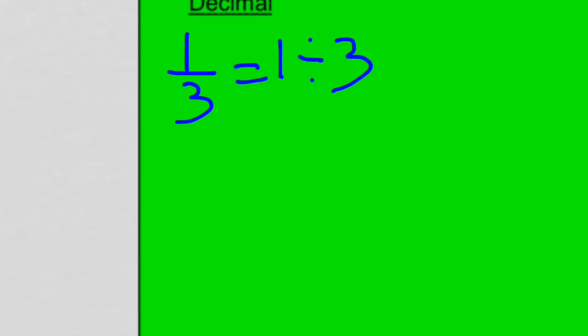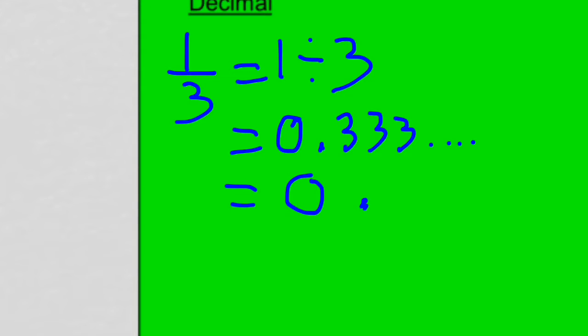And when we do that, we get 0.3 repeating, which you typically write like that, or you can write in bar notation where you take the repeating digit and you put a bar on top of it indicating that that digit is repeating.